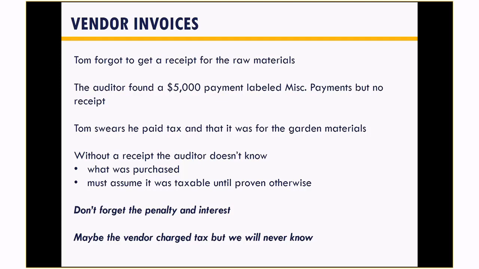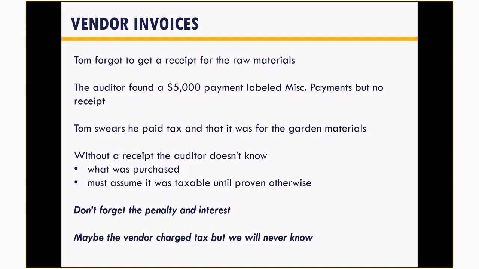We don't even have a handwritten note saying I bought these materials, or I sold these materials to Wild Turkey, my name is, and here's what the items are, a dollar amount, and no tax. We have nothing. We just have $5,000 out. The auditor has no idea what it is. They must presume it's taxable until proven otherwise.